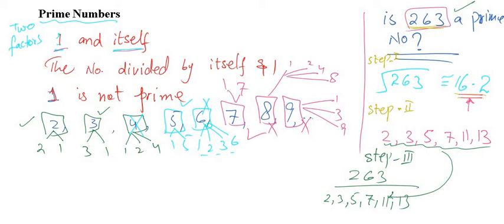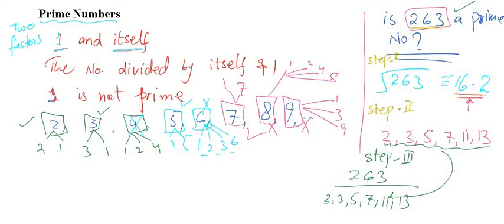If it is, then 263 is not a prime number. But 263 is not divisible by 2, not by 3, not by 5, not by 7, not by 11, not by 13. You have to check one by one, use the calculator, or it's up to you to do manual division.